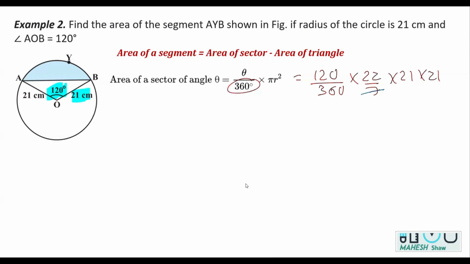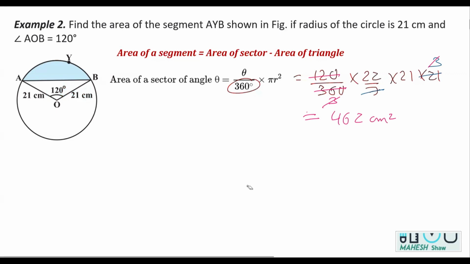Now this gets cancelled. 7 1 times, 7 3 times. We have 12 3 times. 0 0 get cancelled. 3 further gets cancelled. So what I'm getting is 21 into 22 into 21, so it's going to be 462 centimeter square. Now this gives you the area of the sector.